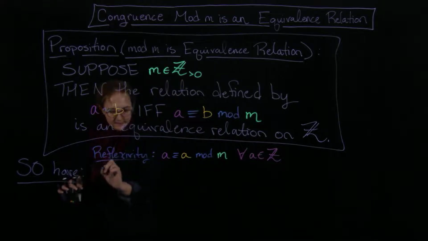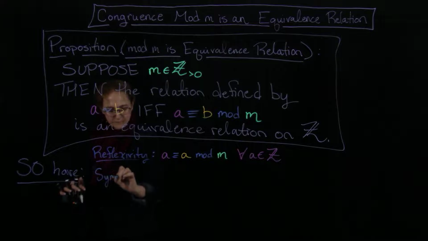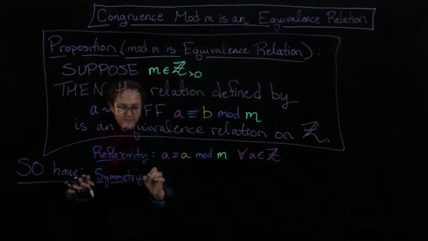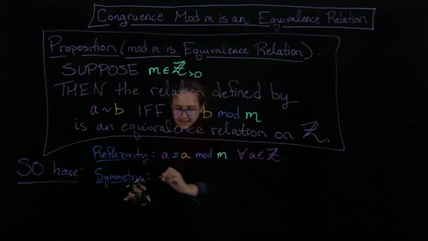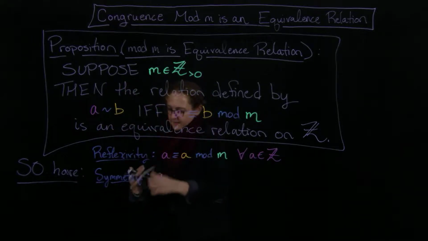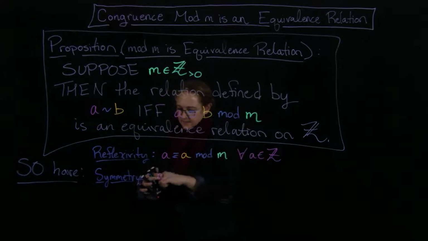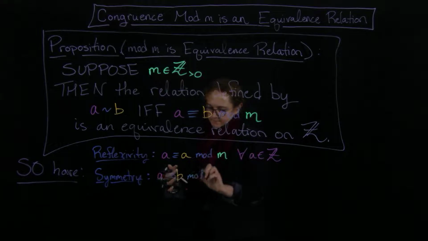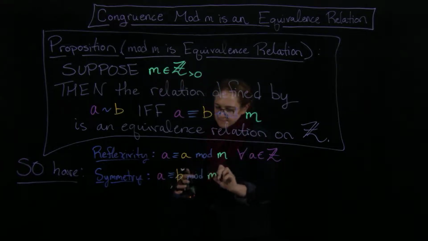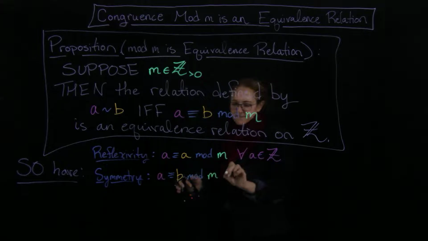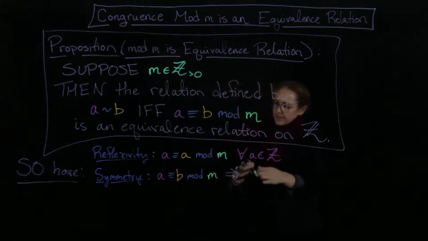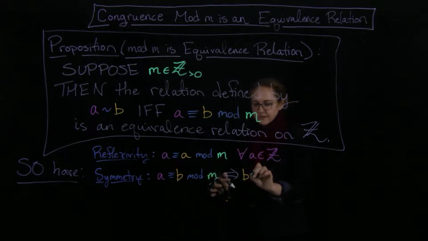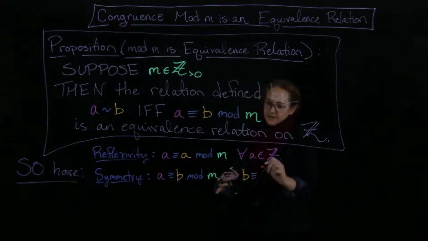And then we have symmetry. This one is where, if I know that A is congruent to B mod m, then I know that B is congruent to A mod m.